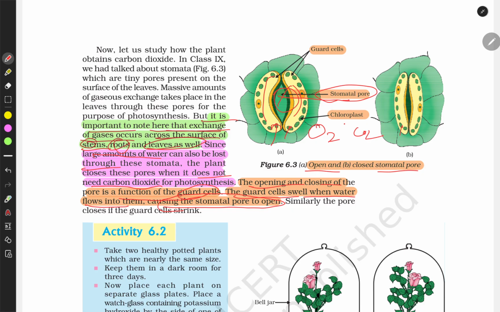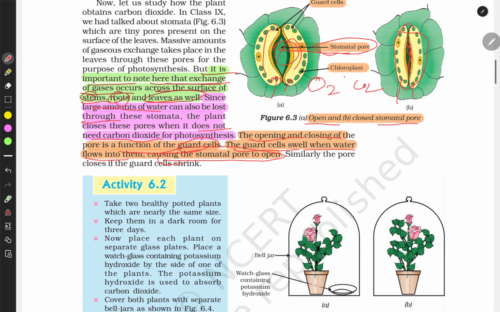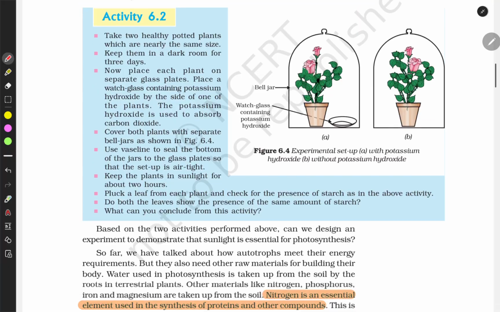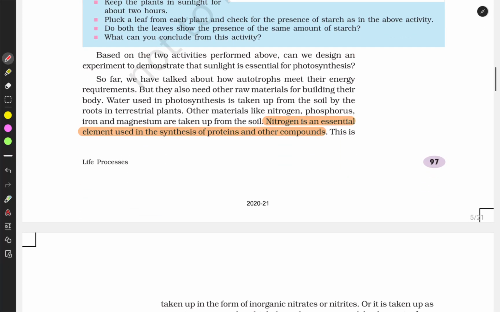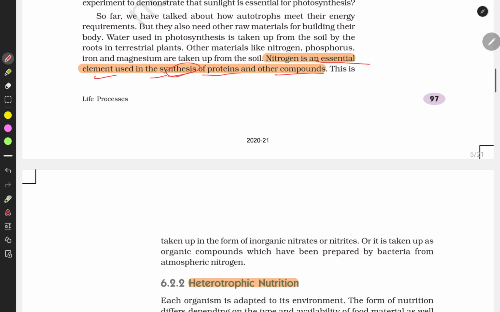When the water is removed from the guard cell, it shrinks, and this is how we close the stomatal pore. And nutrition is an essential element used in the synthesis of protein and other compounds.